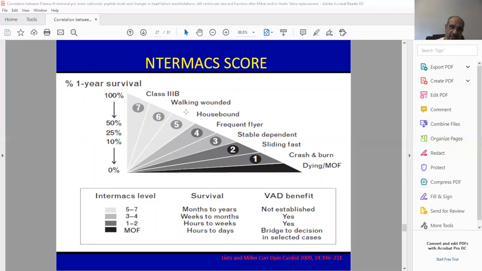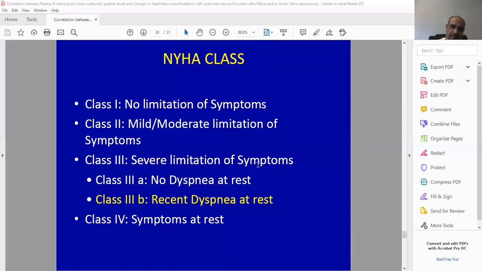We call it walking wounded. And stage 7 is NYHA class 3B. Those patients start to have dyspnea at rest. Back to this again, patients in whom we usually put an LVAD are patients in stage 3, 4, and 5. These are the patients we usually consider for LVAD. This patient maybe can wait on the list, but stages 1 and 2 usually need short-term support.